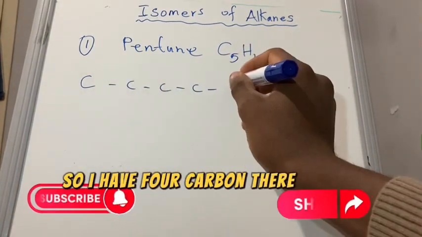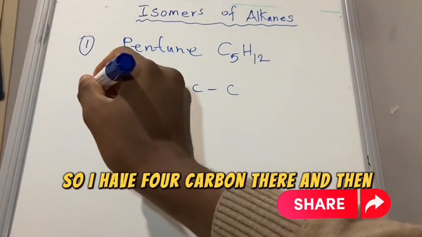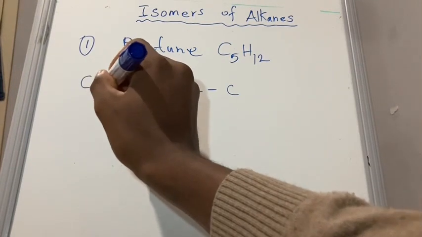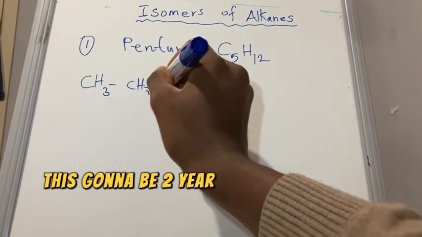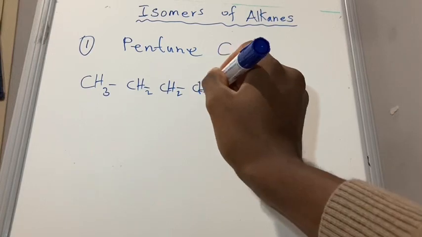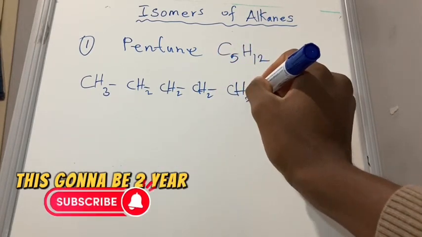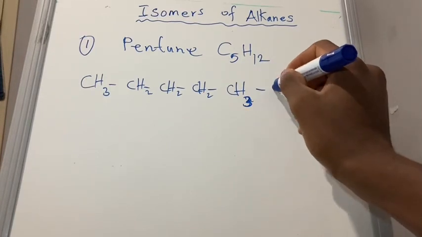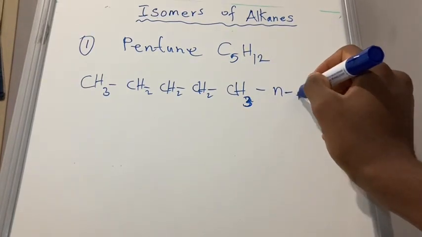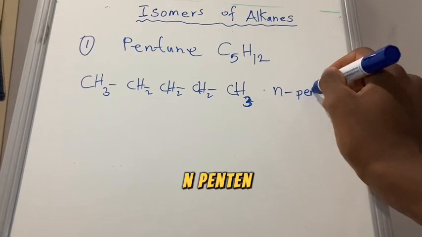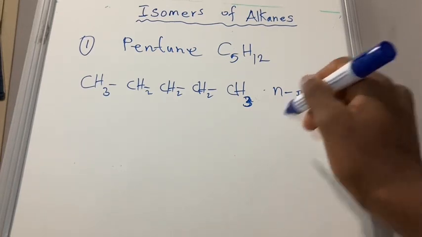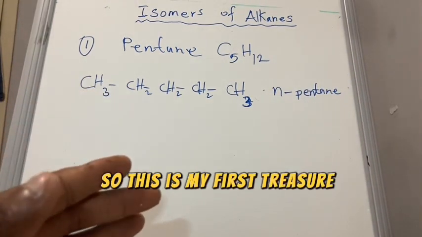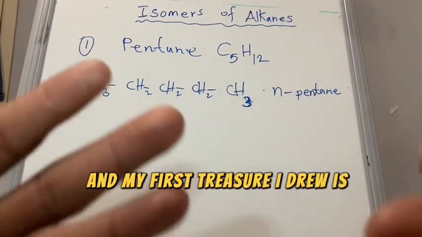I have 4 carbons here, and then there's going to be 2 hydrogens here, 2 here, 2 here, and 3 here. So this becomes n-pentane. This is my first structure.